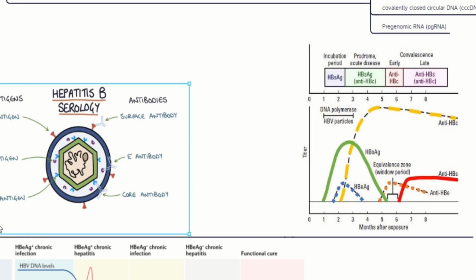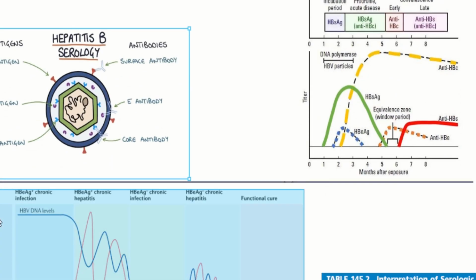And here we get an important part, which is the serology of the virus. It's important to understand that the DNA of the hepatitis B can be detected, and it's a really important diagnostic factor.